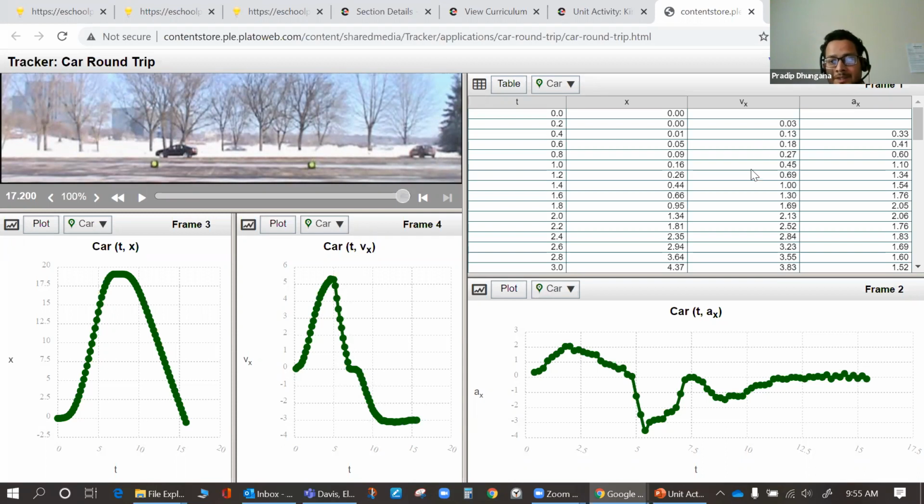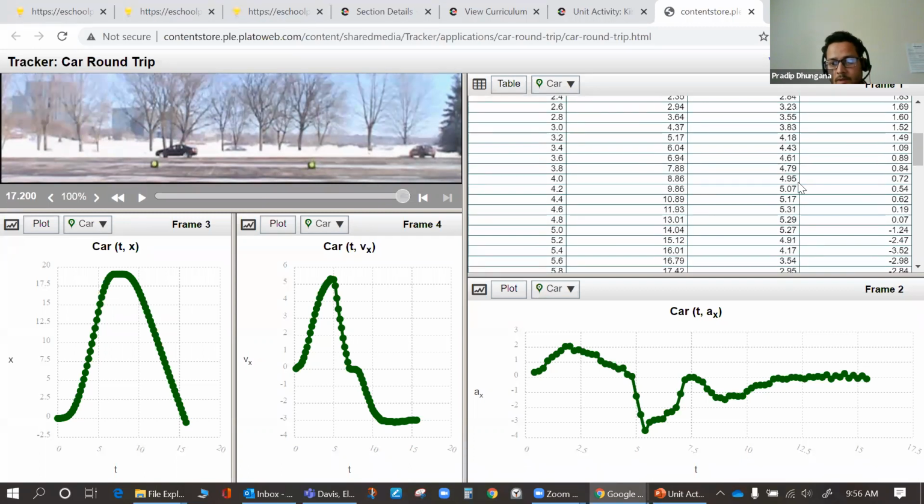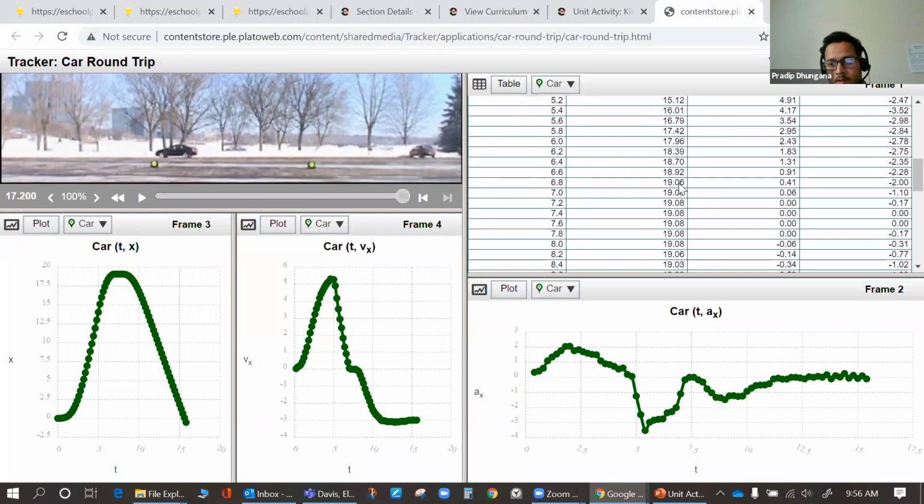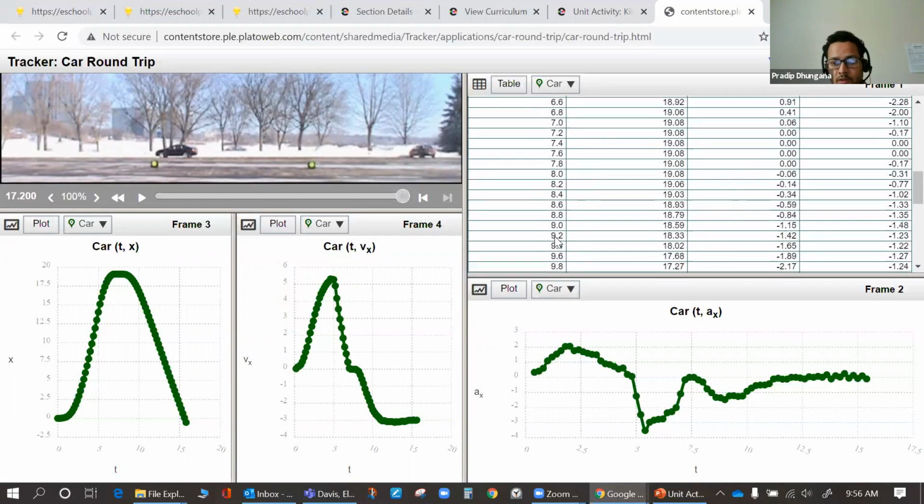Let's check it out from the table as well. At t equal to 0, the velocity is 0, then 0.02, 0.13. You can see here the velocity is increasing all the way to 5.31, from 0 to 4.6 seconds. After that, the velocity decreases and becomes 0 at around 7.2 seconds. From 7.2 to around 7.8 seconds, the velocity is 0.